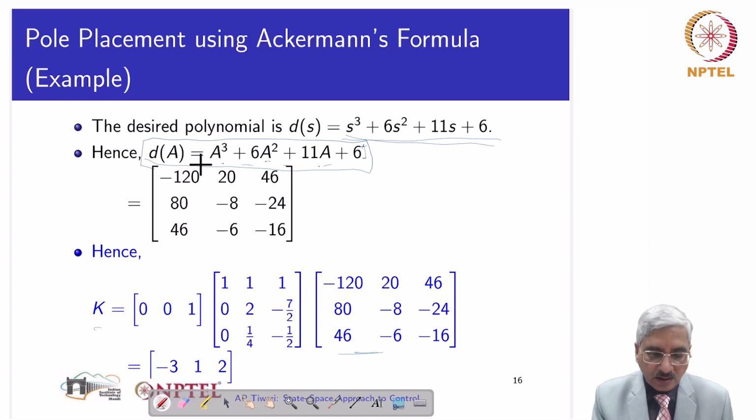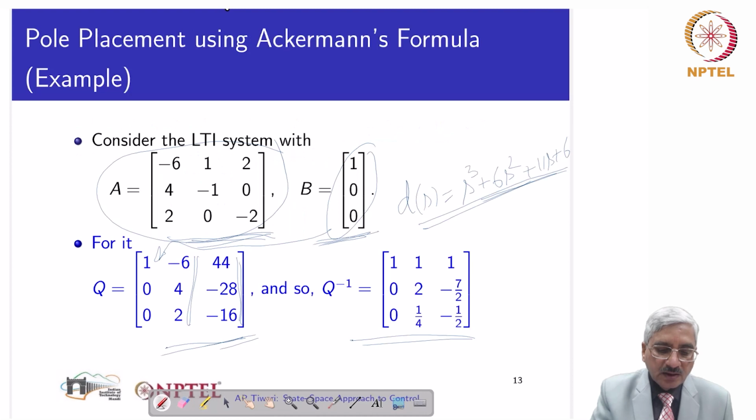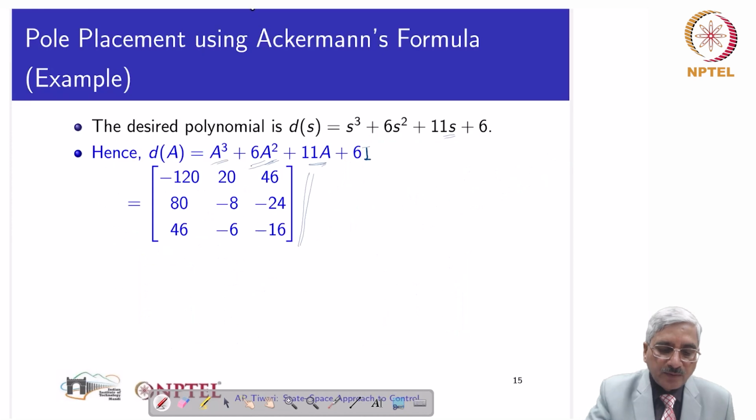Like we see here that the largest element in A was 6, whereas when we evaluate this, the largest element is minus 120.